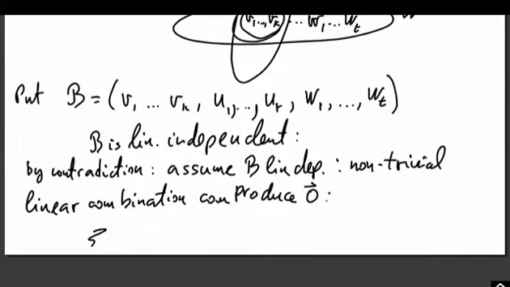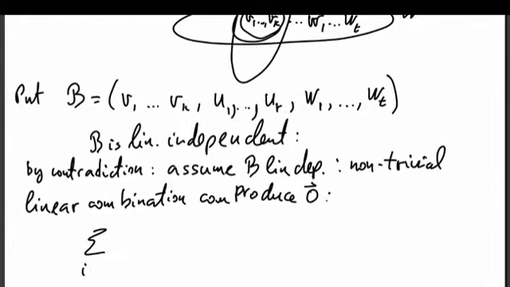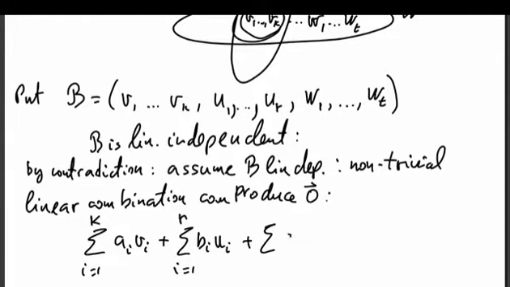That means that when you take, as i goes from 1 to k, the linear combinations of V's, say ai vi, then the linear combinations of U's, with say bi ui, and the linear combinations ci wi, as i goes from 1 to t, that equals the zero vector.